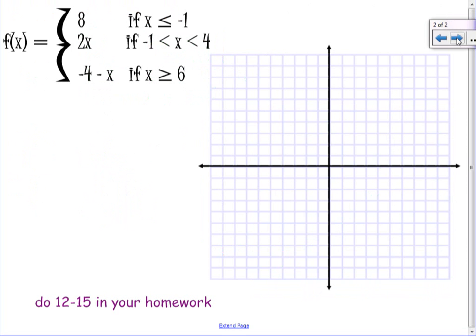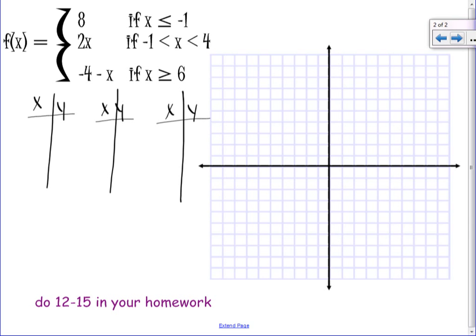Okay, let's try this one. We've got x, y, x, y, x, y. All right, so let's look at this first one.